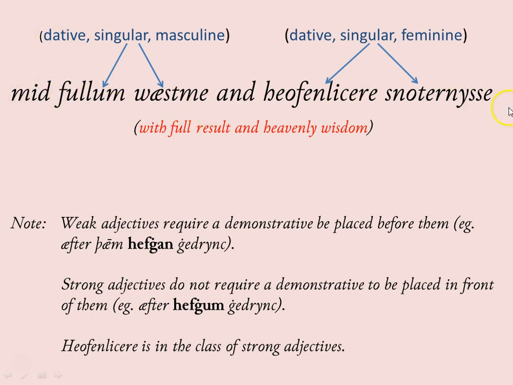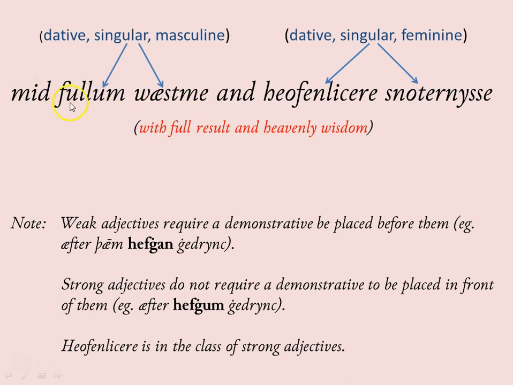Alright, so have a look here, this sentence or part of a sentence, this clause: mid fullum wastme and heofonlicere snotornysse, with full result and heavenly wisdom. Now, let's pull this apart. Notice the fullum wastme, full result, is connected in meaning, connected grammatically, because both words are in the dative, singular and masculine, and so they are both connected in grammatical meaning and must be interpreted that way.